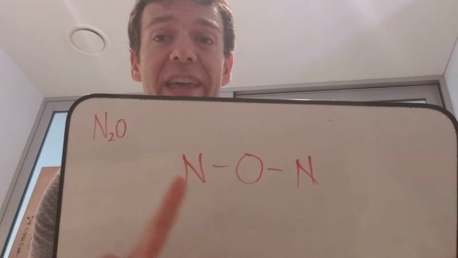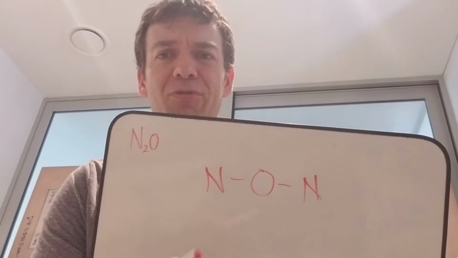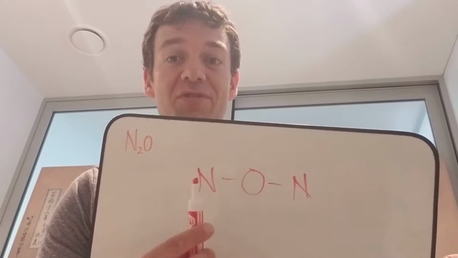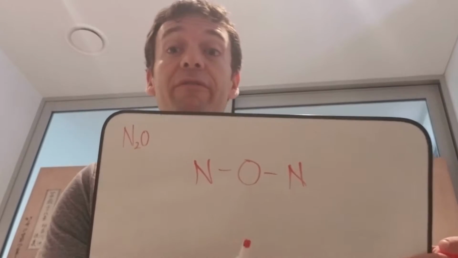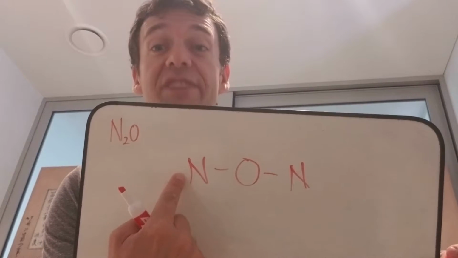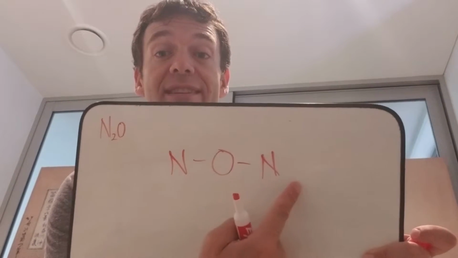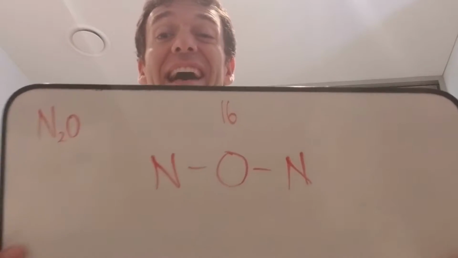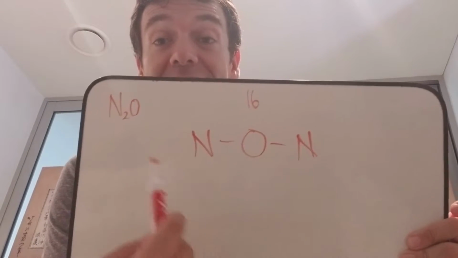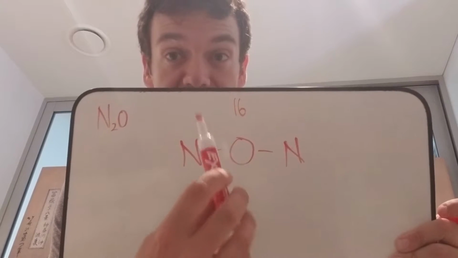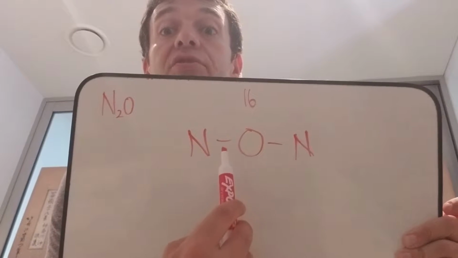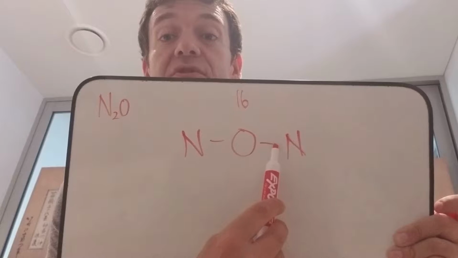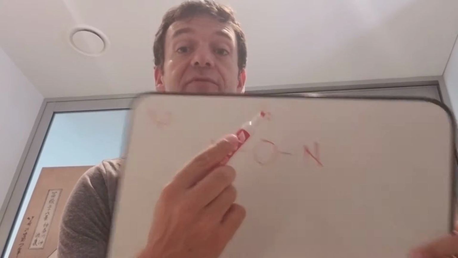I would remember, hey, Zach told me this funny little recipe for doing the Lewis dot structures. I'd count the valence electrons total first. Well, each nitrogen has 5, so 5 and 5 is 10, and oxygen has 6, so that's a total of 16 valence electrons that are going to be represented in this Lewis dot structure. 2 electrons per bond, so minus 2, minus 2, total minus 4 off the 16.